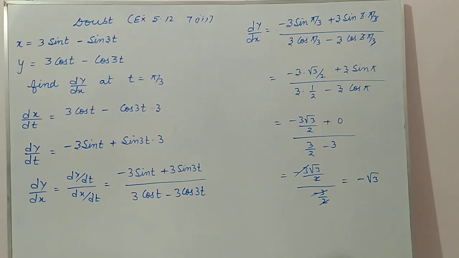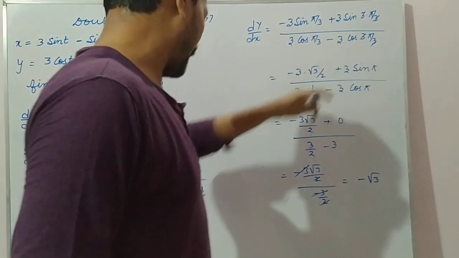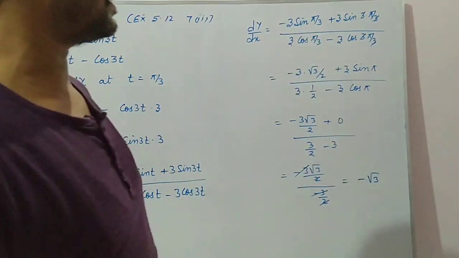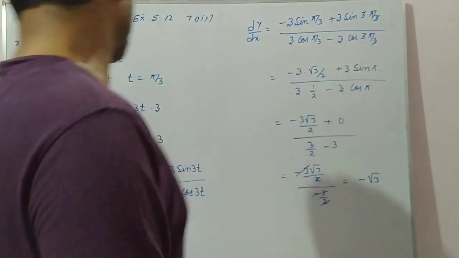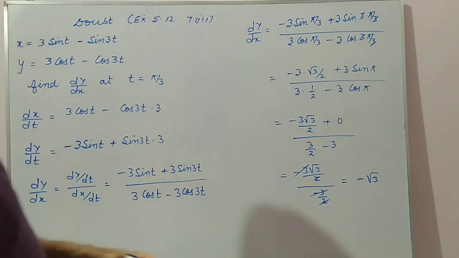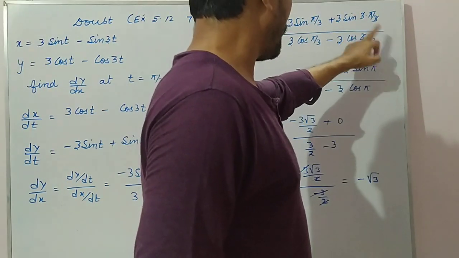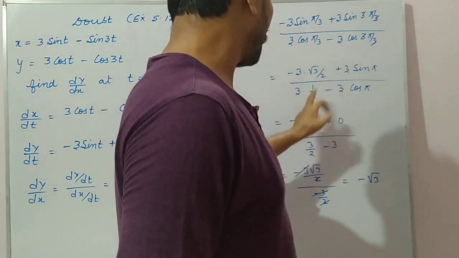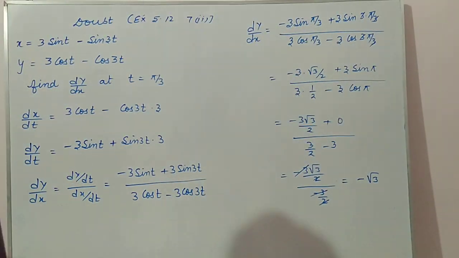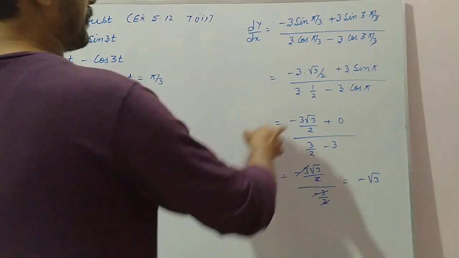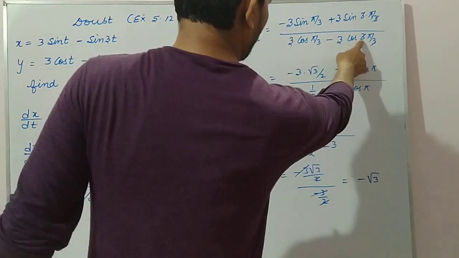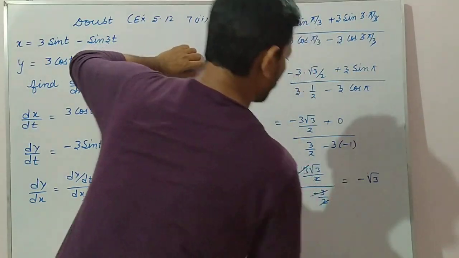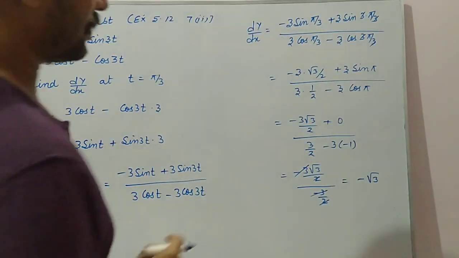Remember this one, okay. Here sin pi by 3 at t equal to pi by 3, that is root 3 by 2, since sin 60 value is root 3 by 2, plus 3. Then sin pi is 0. 3 cos pi by 3 is 1 by 2 minus 3 cos pi, and cos pi is minus 1, so minus was plus.